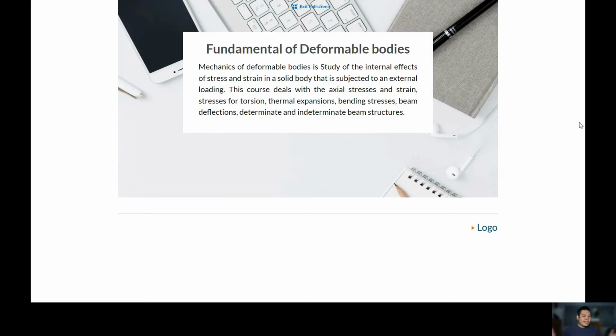In order to do that, we need to understand the stress and strain relationship of the material. For example, you are pulling a piece of steel, and as you pull, it breaks into two.